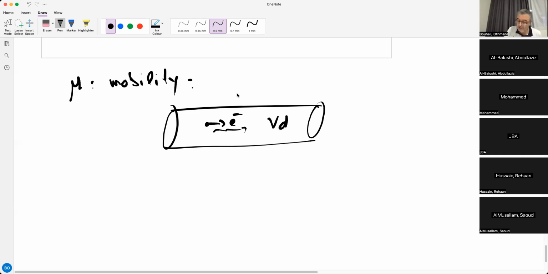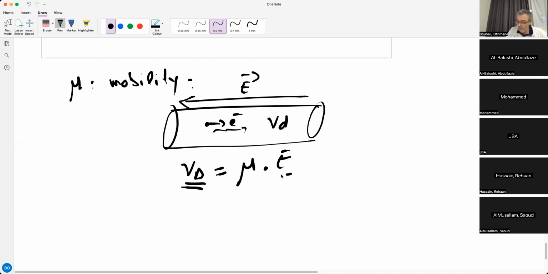This electron, by the way, is moving because there is an electric field applied. The mobility gives us an idea about how fast the electron can go in this material, and it is the proportional factor between the drift velocity and the electric field. This is the mobility.